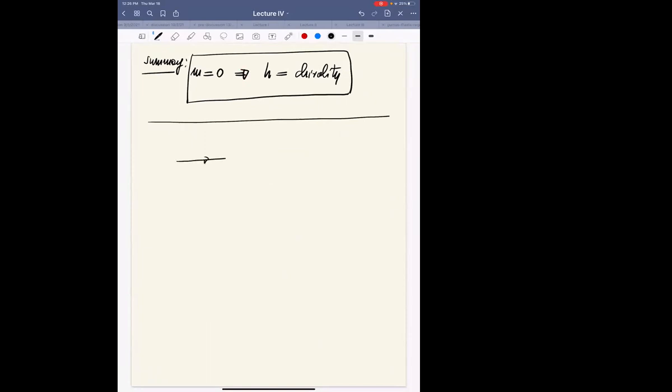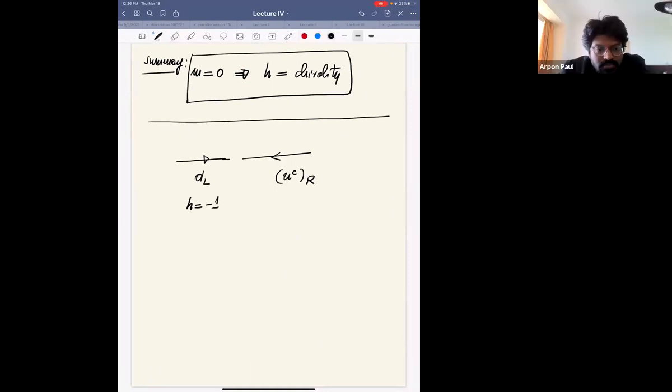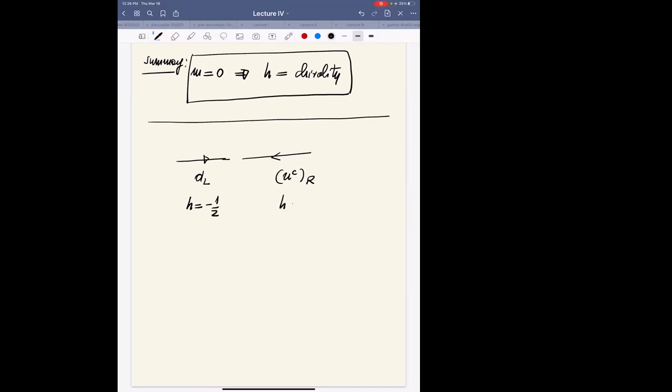So once again, I had my down left-handed quark, which is hitting on the UC, strictly speaking, I should have written, by the way, which is right-handed. It changed the chirality. This is very important. So let me ask you, what is the helicity here? Who's going to help me? It's minus a half, right? And what about helicity here?